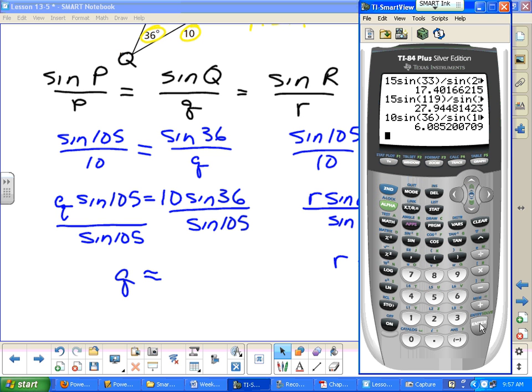Yeah, whether you're in degrees or not. I need to check the mode. All right, so we get 6.1. And if we do the other one, 10 sine of 39 divided by the sine of 105. So we get 6.1 and 6.5.